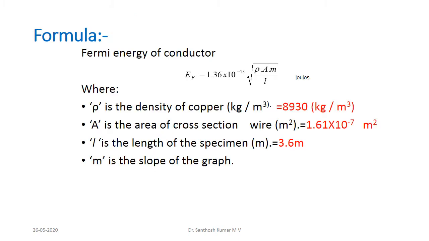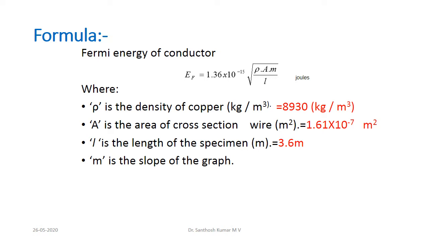Next is the formula. The formula for the Fermi energy of a conductor is EF equals 1.36 into 10 raised to minus 15 under root rho A m by L. This is in joules. We will express it in electron volts by taking the charge of the electron as the factor.